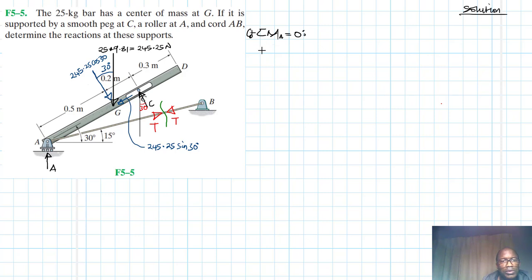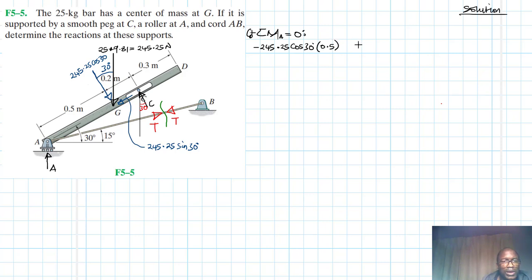So summation of moments about point A, we have a clockwise moment which is 245.25 cos 30 degrees times 0.5.